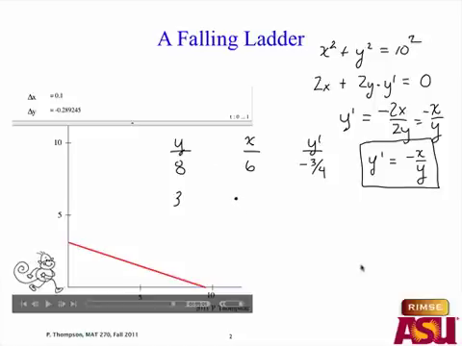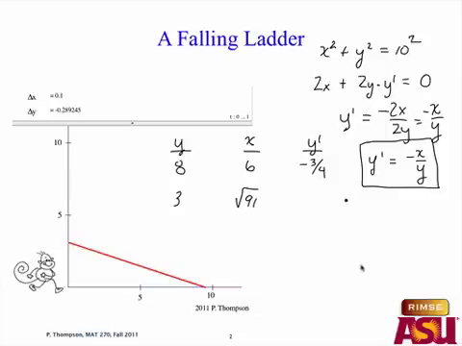Someone got the square root of 91. Let's get a decimal approximation so we have something to talk about. 9.54, and then divide by 3. About negative 3.18.